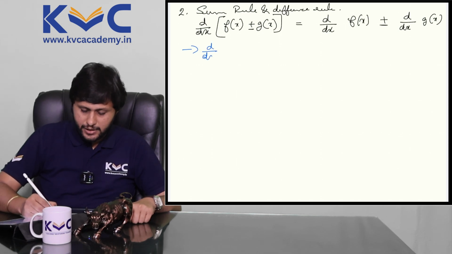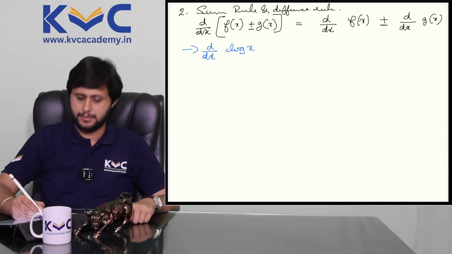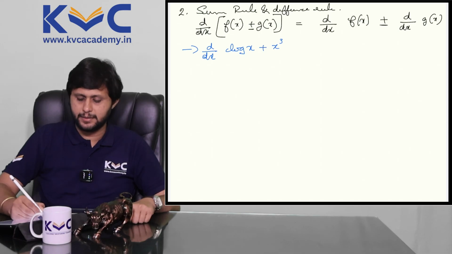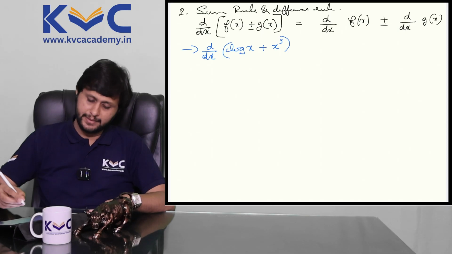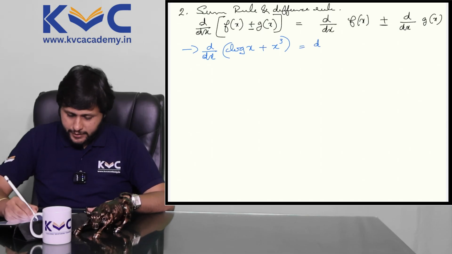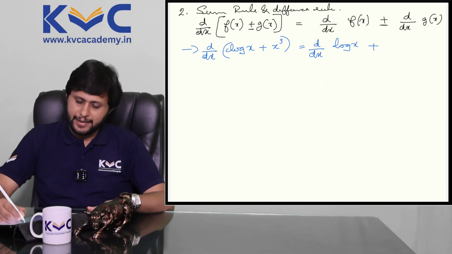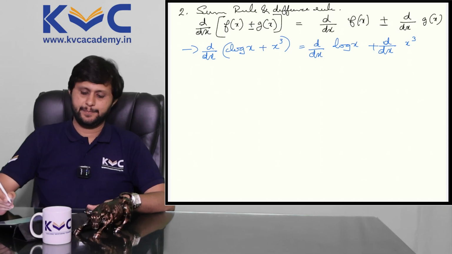Let's differentiate log x plus x to the power 3. Simple one I've taken. What should we do? We should differentiate log x plus we should differentiate x to the power 3.